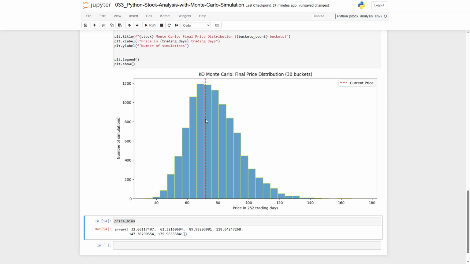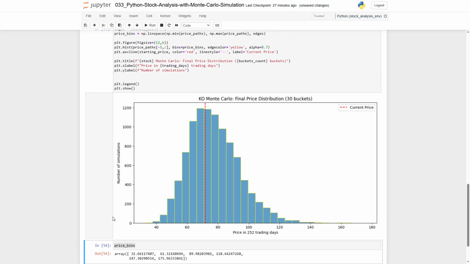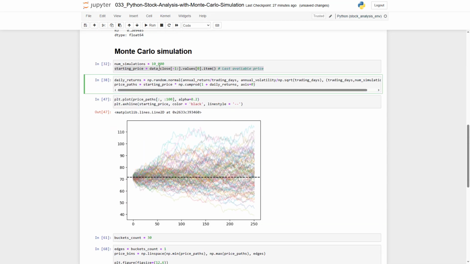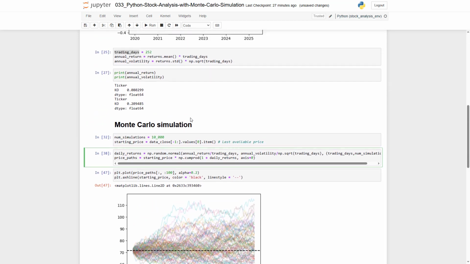And now let's think. What do we get from all this? We simulated 10,000 runs of Monte Carlo, great, with some kind of fancy formulas that are not so complicated, but they're kind of okay.